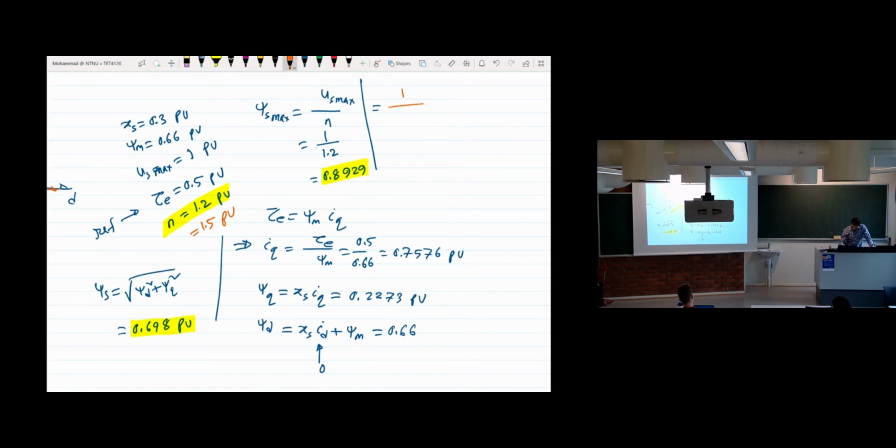We have 1, psi s max, and now N, which is 1.5. And that gives us 0.6667 per unit.